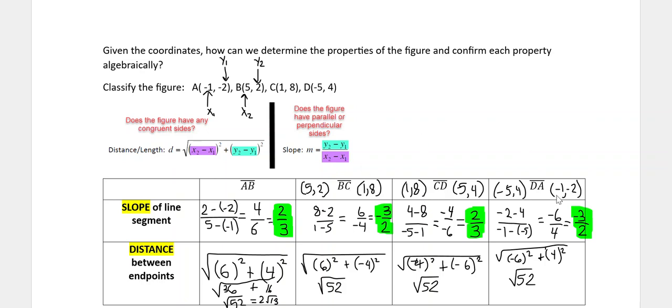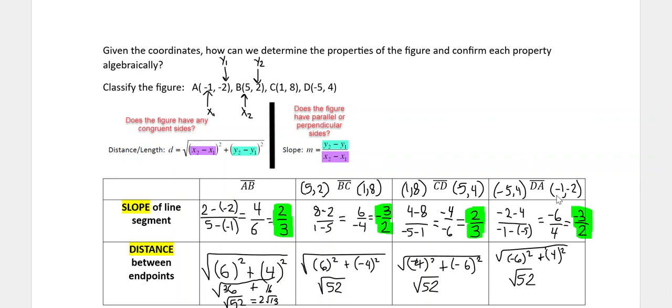BC and DA have the same slope, proving that we have 2 pairs of opposite sides that are parallel and congruent. That excludes a trapezoid, since a trapezoid has exactly 1 pair of parallel sides. So we know this is either a rhombus or a square.